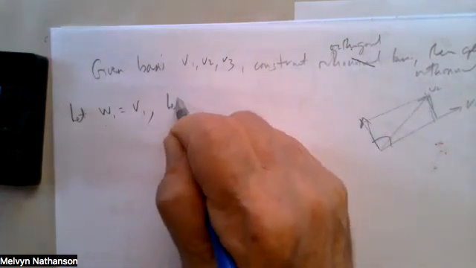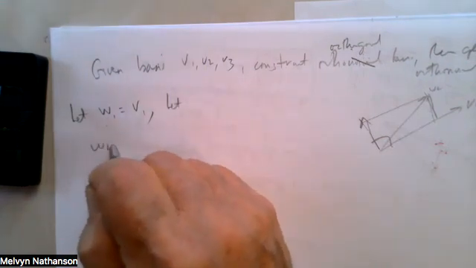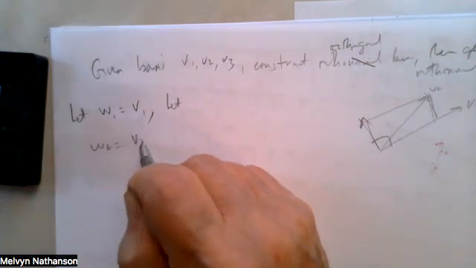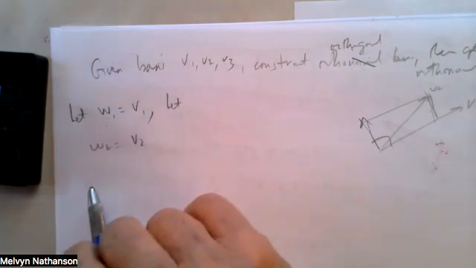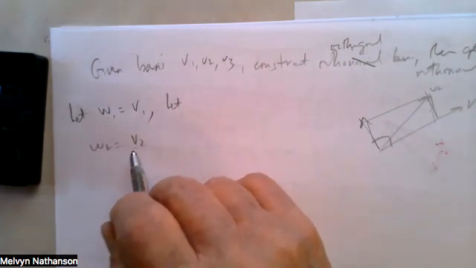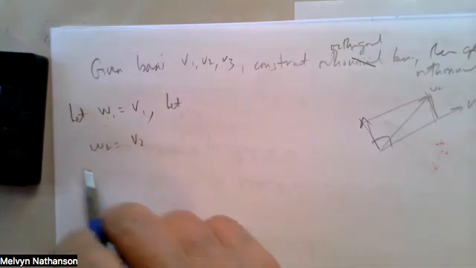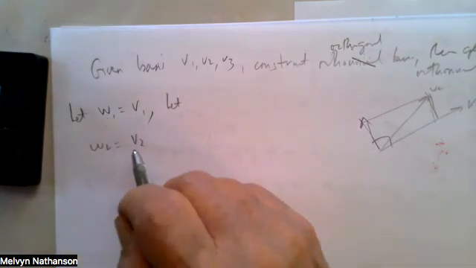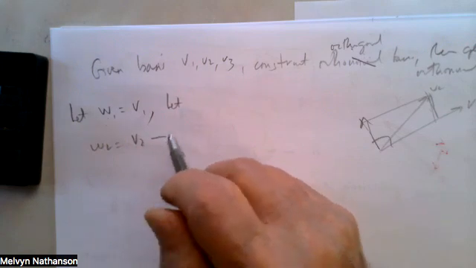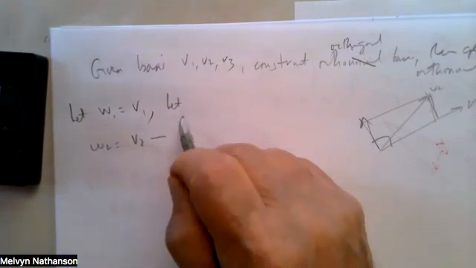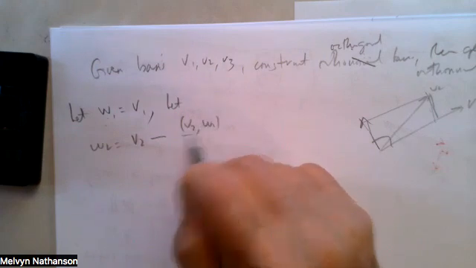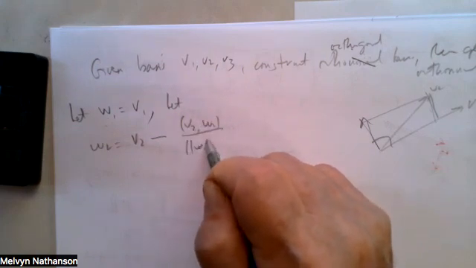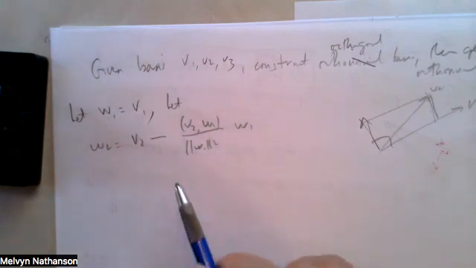So I'm going to let W2 be the component of V2 perpendicular to W1, which is V2 minus the parallel component, V2 W1 over the length of W1 squared times W1.